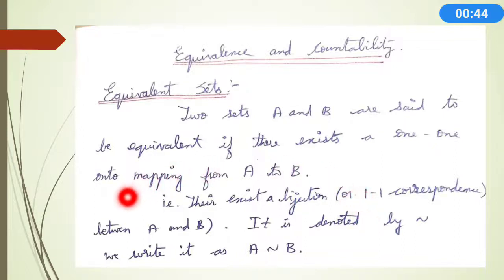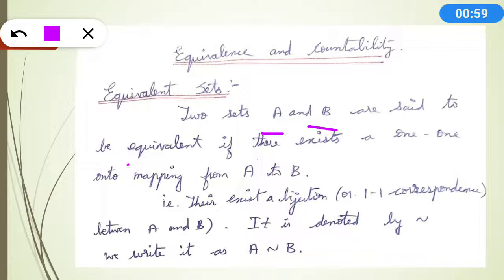So let me explain this first. To define an equivalent set, we need two sets. So A and B are two sets, and these sets are said to be equivalent if there exists a one-to-one and onto mapping.